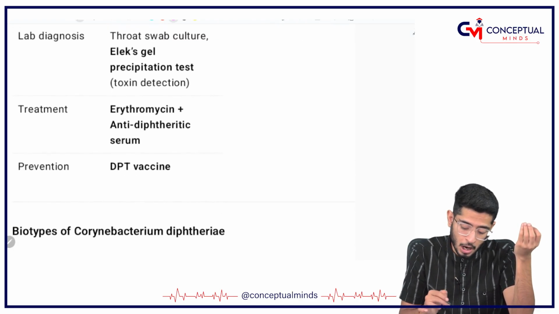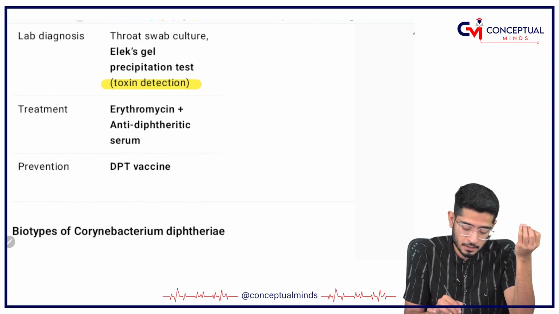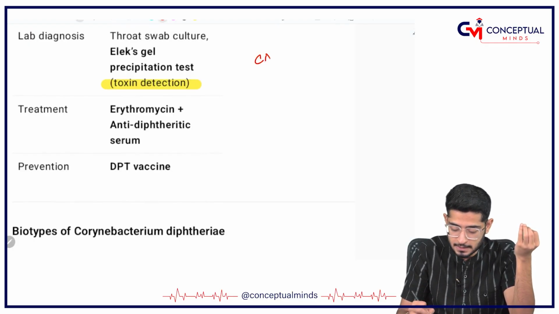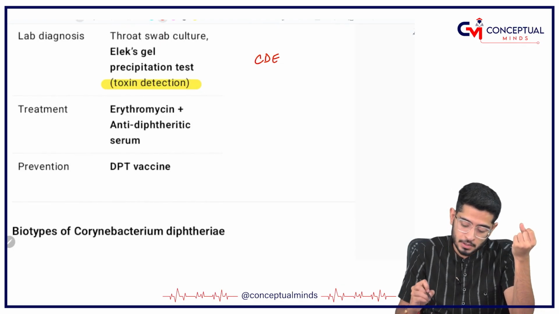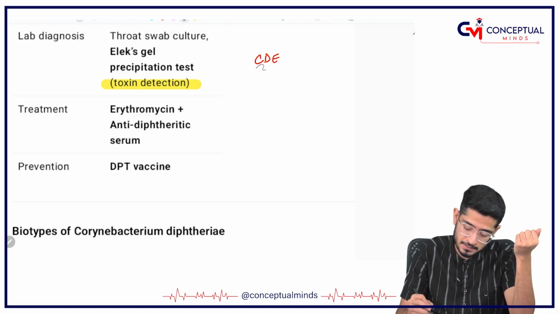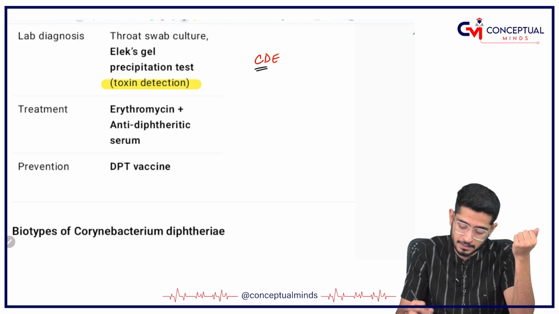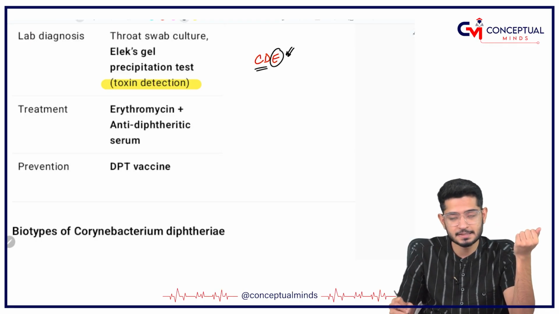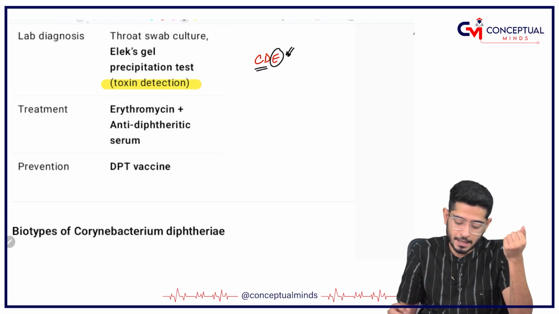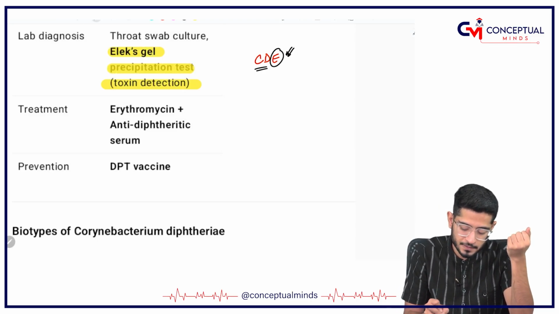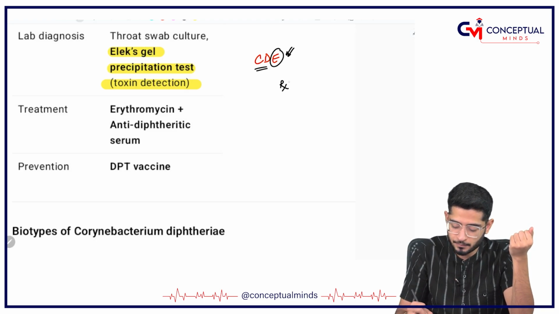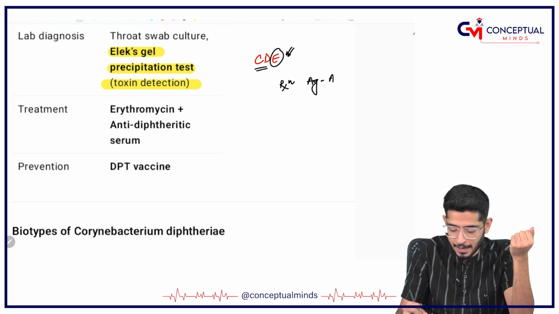Alright. So how will you diagnose the toxin now? Again the mnemonic is same, C, D, E. CD for Corynebacterium diphtheria, E for Elek's gel precipitation. This is a reaction which occurs between the antigen and the antibody.